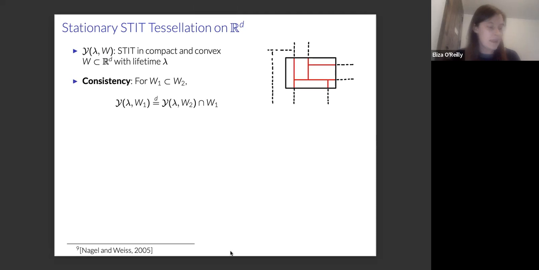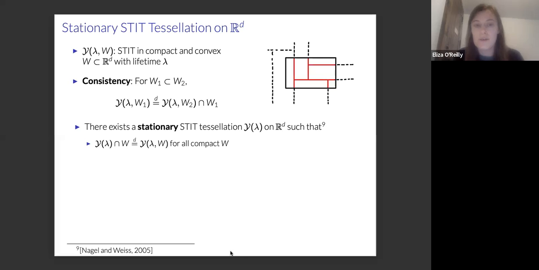And one of the first results that Nagel and Weiss proved about this stationary STIT process construction is that it satisfies this consistency property, which means that if you run that process on a large compact window W2, and you intersect it with a smaller window, then the partition on that smaller window has the same distribution as if you had just run the process on that smaller window. And this consistency property allows you to define a STIT tessellation on all of R^D.